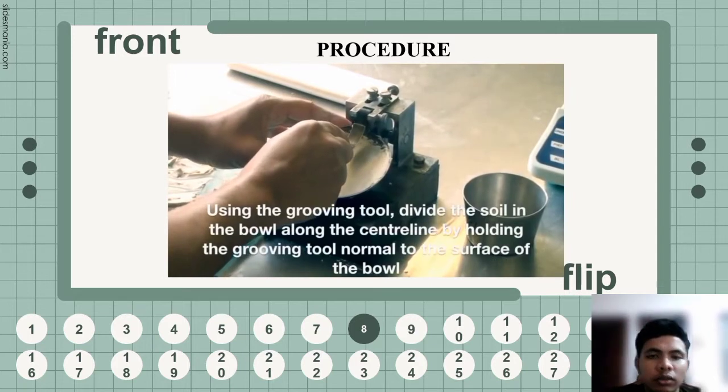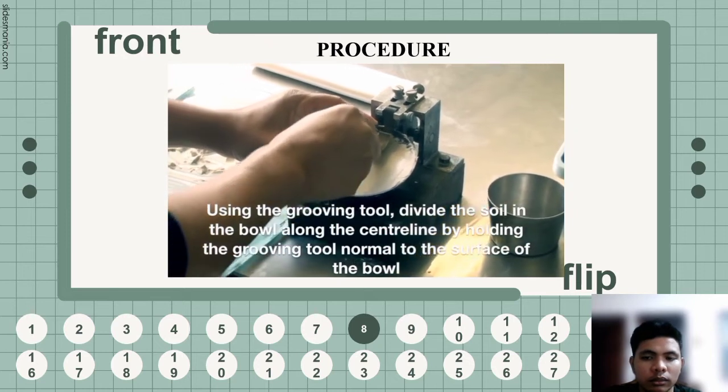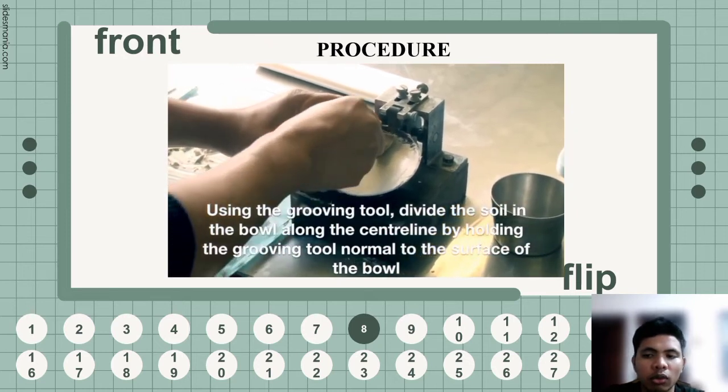After that, turn the crank at a rate of 2 revolutions per second to lift and drop the bowl. Count the number of drops until the groove closes about 10 mm in length from the bottom.